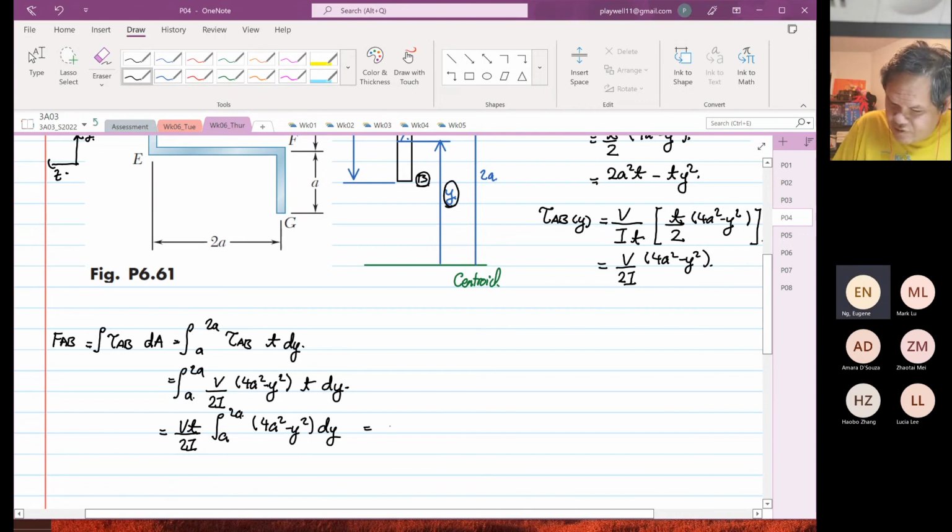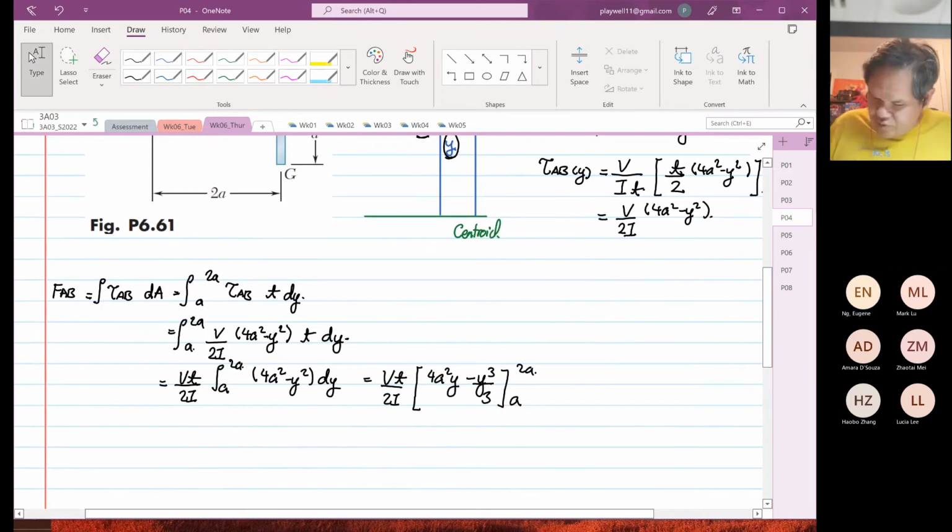When you integrate, this is really straightforward integration. Vt over 2I times 4A squared y minus y cubed over 3, with limits A to 2A.